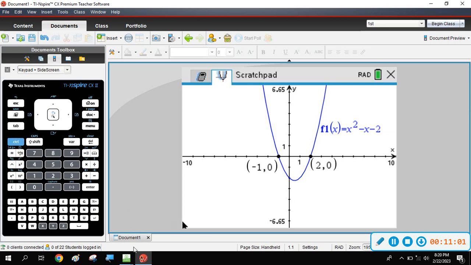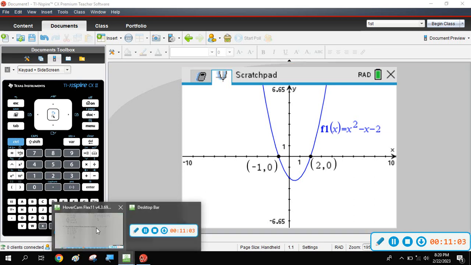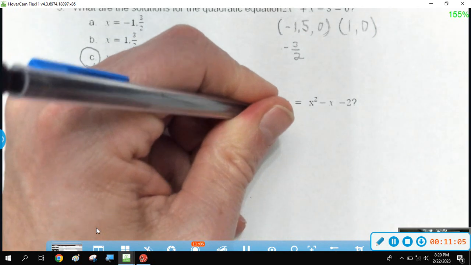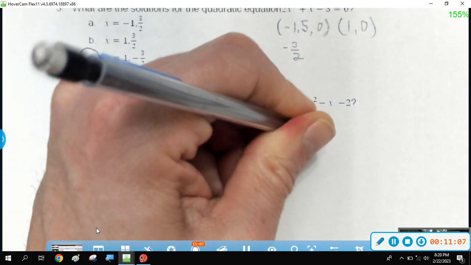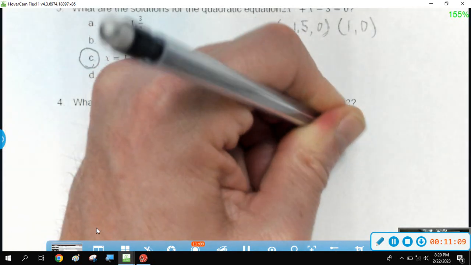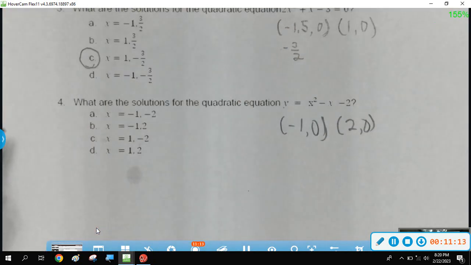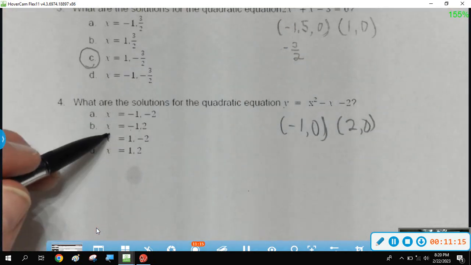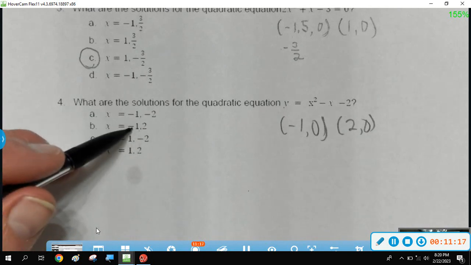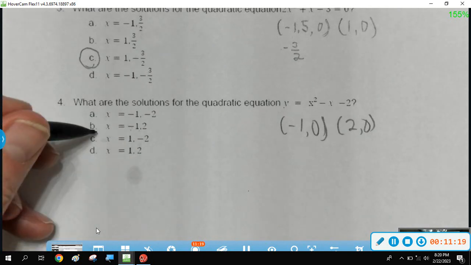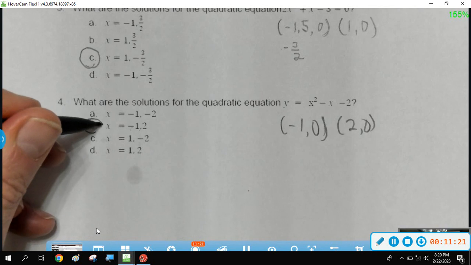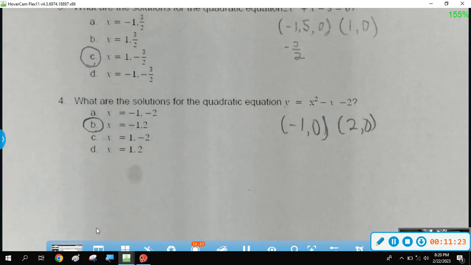All right, so remember, we're not writing it as a full ordered pair like it is displayed on the calculator and like we did on the last lesson. But what we're going to do is we're going to just take the x value only of these and make those the solutions. So -1 and 2 is what we want. And so B is going to be my correct answer here.